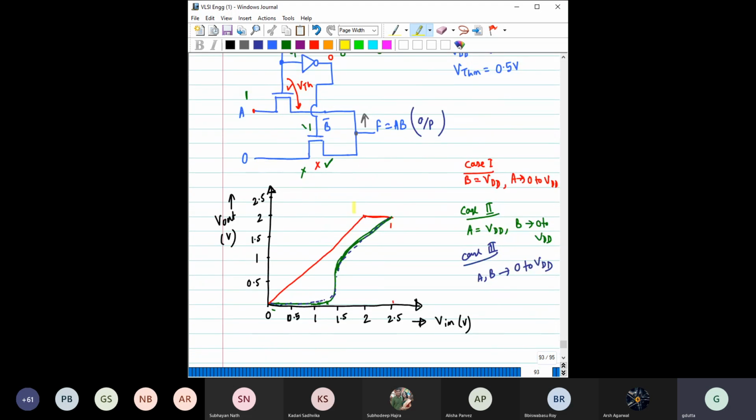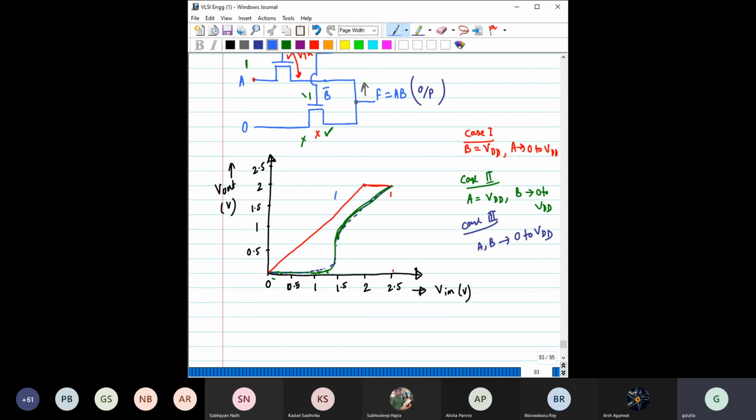But if you notice this one here, this V output is simply linearly rising with V input, right? So definitely we can make a clear distinction between the VTC of a pass transistor and the static CMOS gate. And from this distinction, you can clearly say from this VTC that this pass transistor logic is not regenerative.